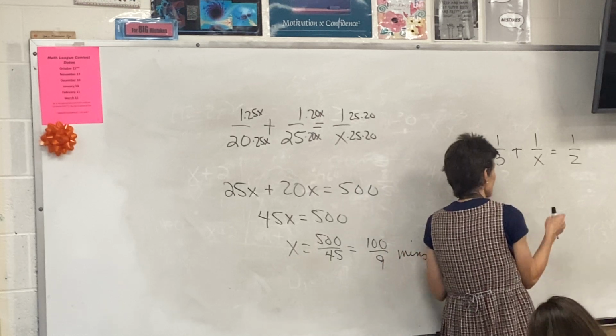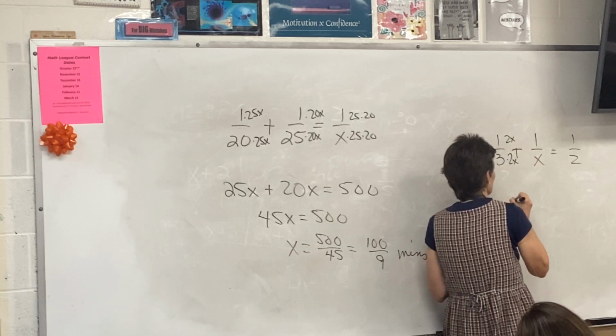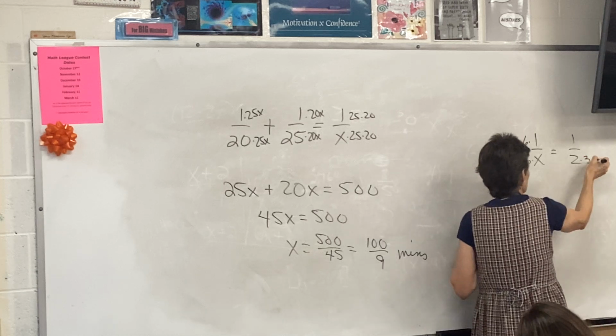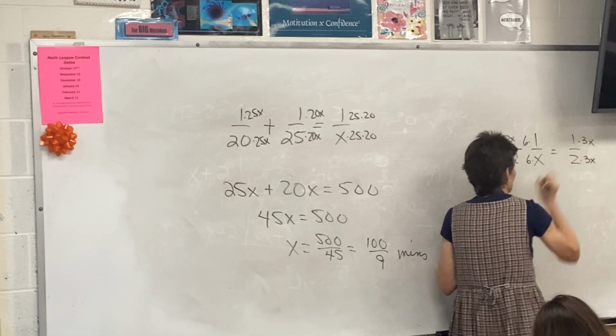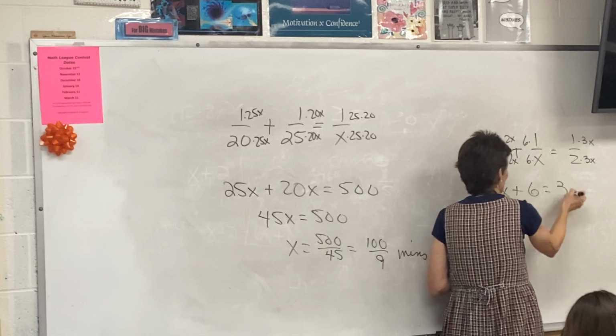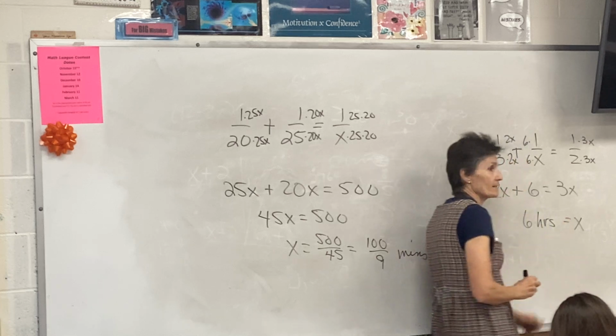Don't forget x has to be part of it. So 2x here, 6 here, and 3x here. So 2x plus 6 equals 3x, and it looks like it takes her 6 hours.